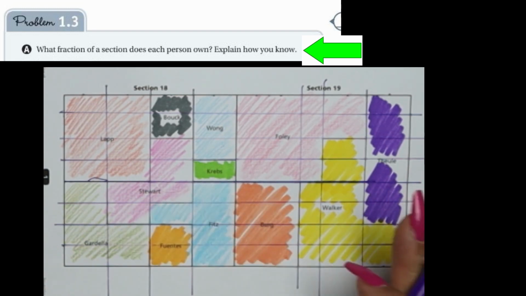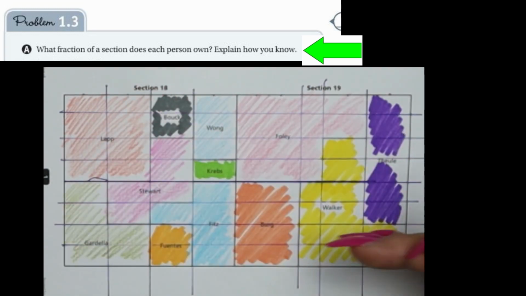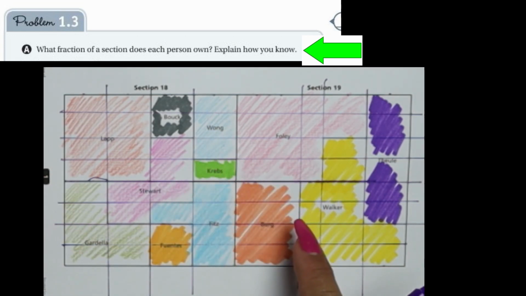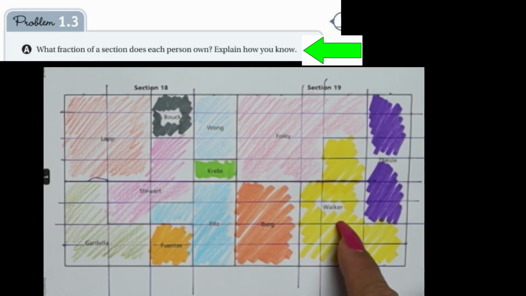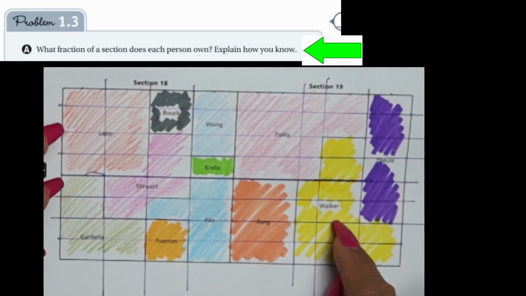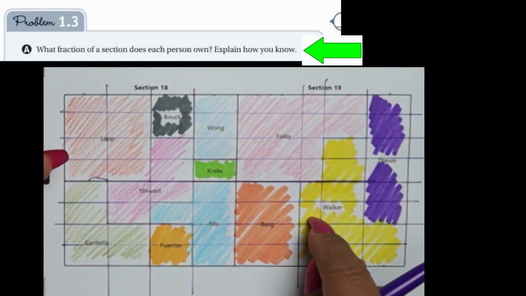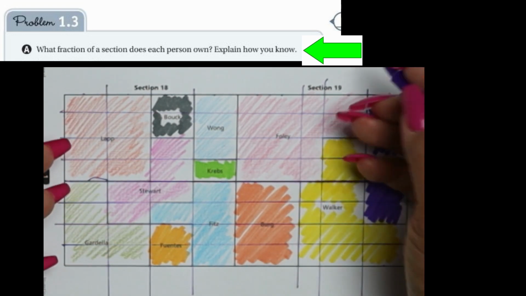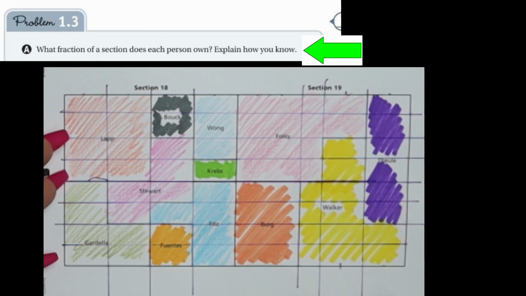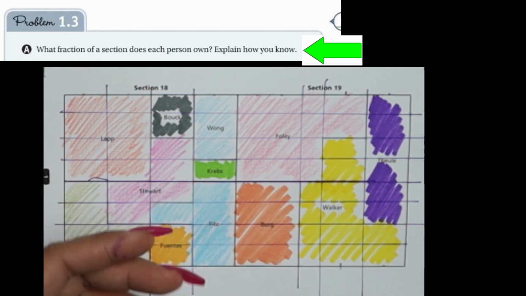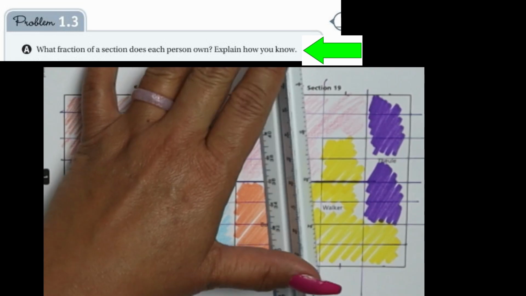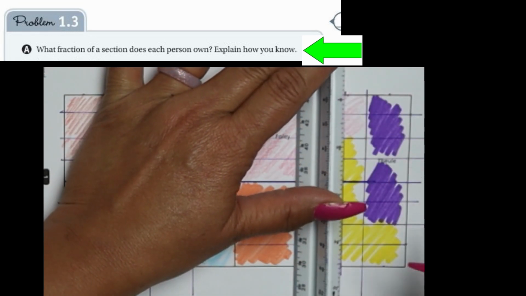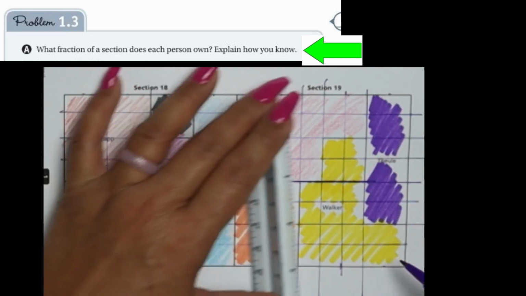Okay, so I extended all of the lines, and some of them are smaller than the others, so I need to get them to the smallest denominator. This one is in half. I'm going to go this way, same with this one.